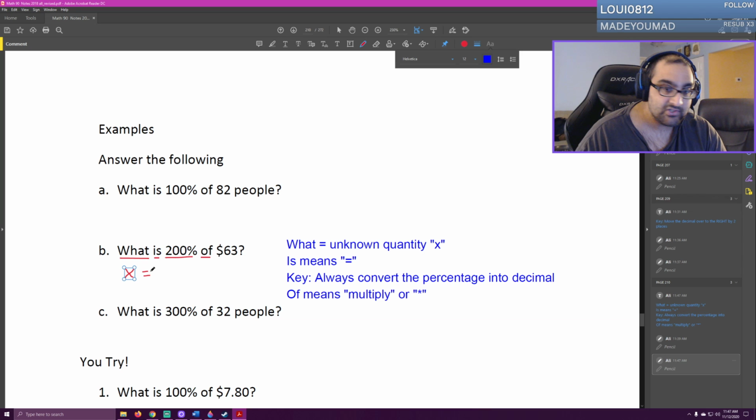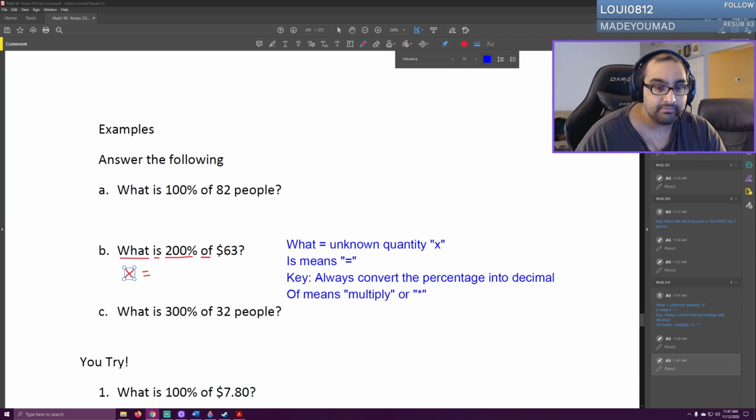So here we have what. All right, let me check that here. This and this. Okay, perfect. So we have what, which is x, is equals 200%.